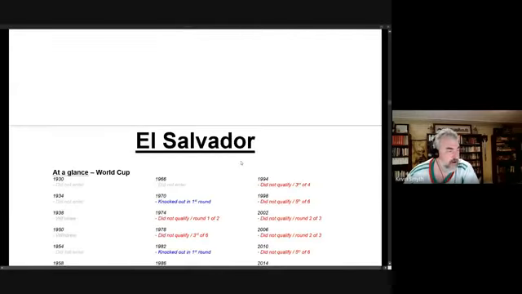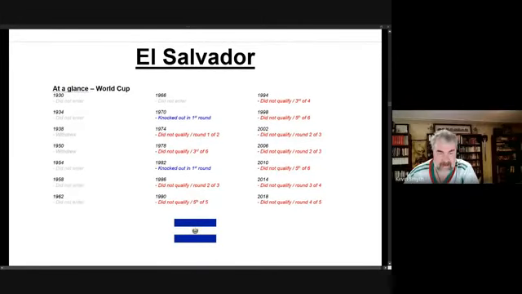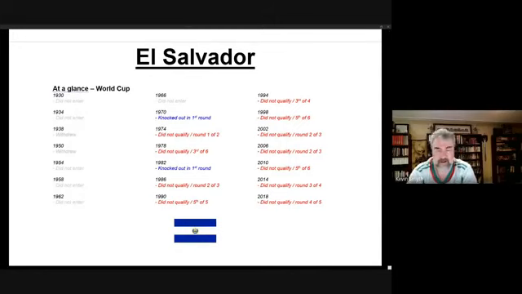Are we ready to move on to El Salvador? Let's do it. Okay, let's take a look at an overview of their tournament participation and major achievements. They're actually a much older team than most people will think. They first entered the World Cup in 1938, but like many teams in the Americas, they withdrew when the Cup was held in Europe for a second straight time, rather than alternating between Europe and the Americas as promised.